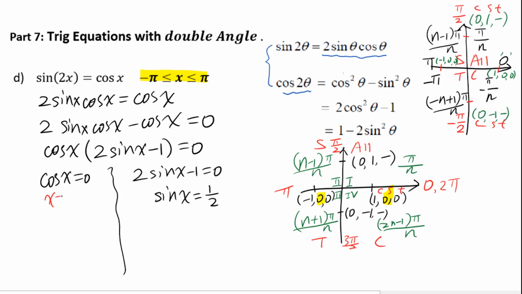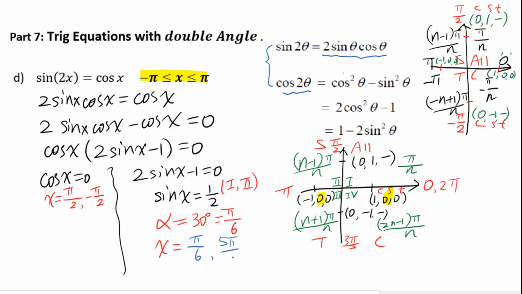Therefore, your x equals pi over 2 and negative pi over 2. For sine x equals 1 over 2, positive, go to the first and then the second quadrant. Your reference angle equals 30 degrees, that is pi over 6. So x equals pi over 6 and 5 pi over 6.